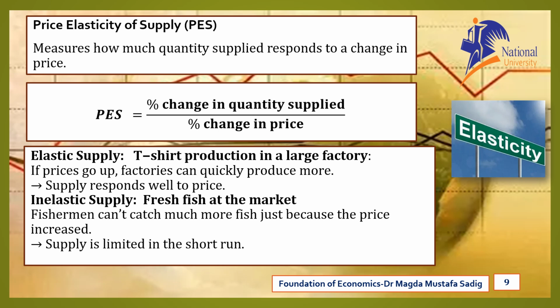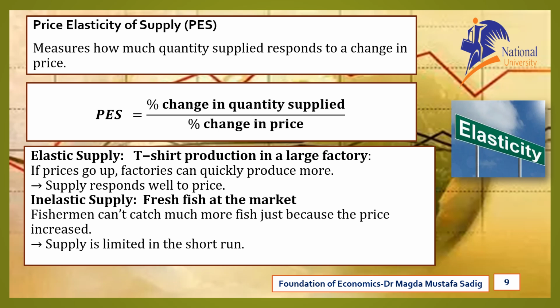The formula is price elasticity of supply equals percentage change in quantity supplied divided by percentage change in price.